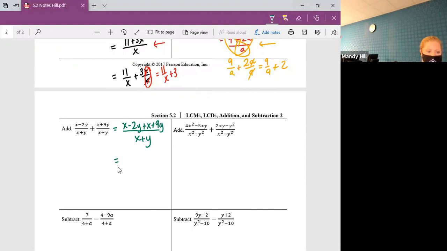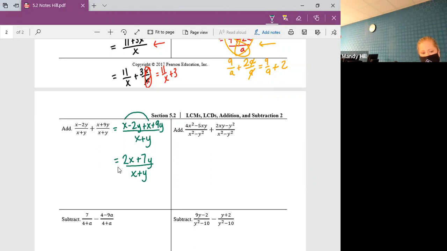Looks like I've got an x and an x. So these two things should be able to go together. So one x and another x, that's going to be 2 x's. Also, the negative 2y and the 9y could go together. So negative 2 plus 9 is going to give me plus 7y. And that's going to be x plus y on the bottom.